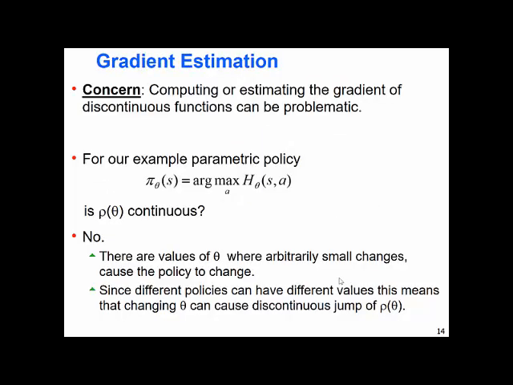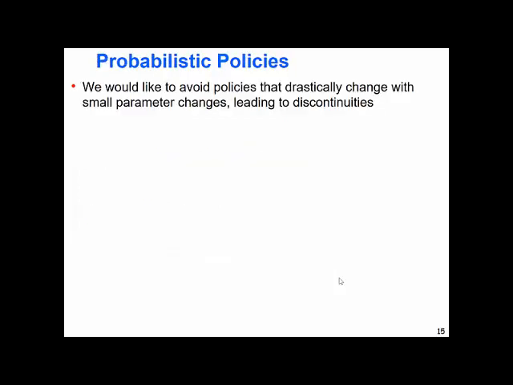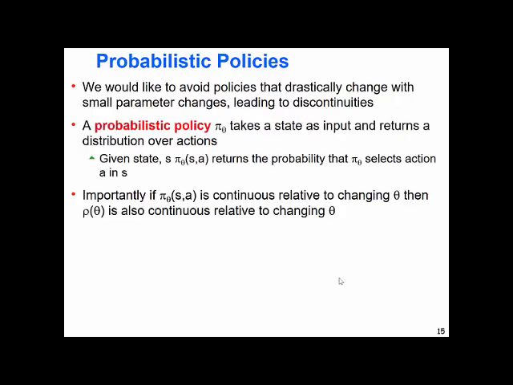So what we're going to do is move away from deterministic policies. Instead, we're going to start working with probabilistic policies that output distributions over actions instead of just outputting a single action. That's going to be our way to try to get more continuous functions to work with.